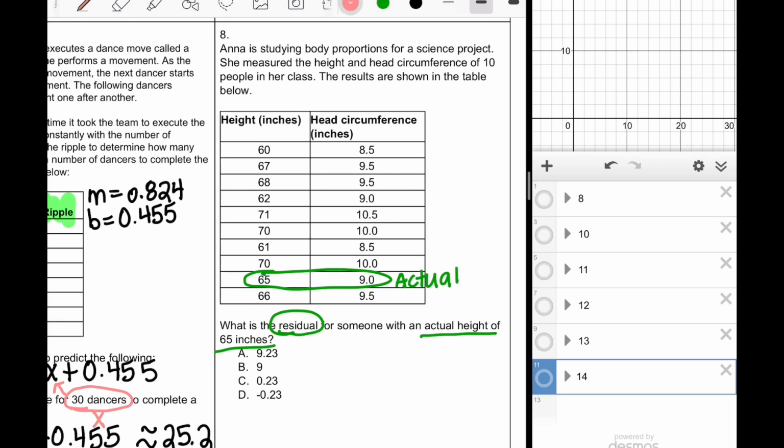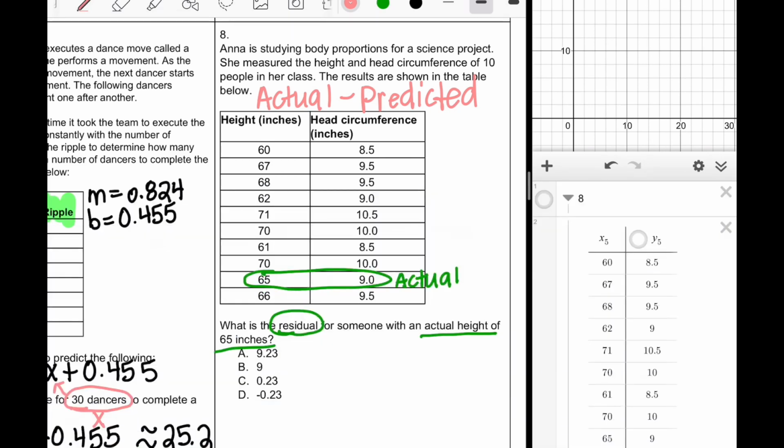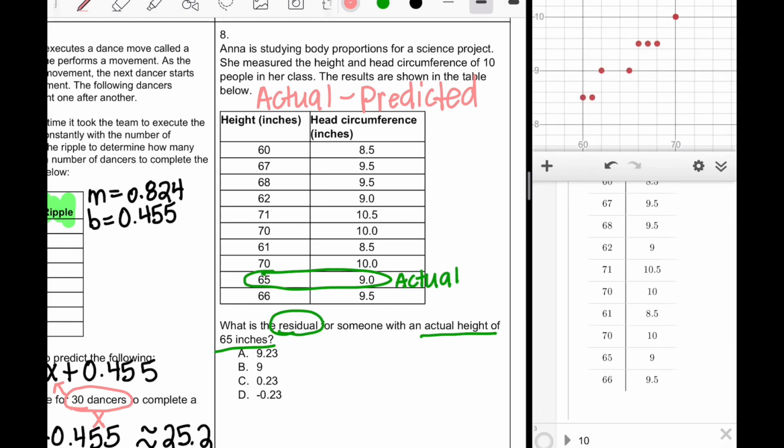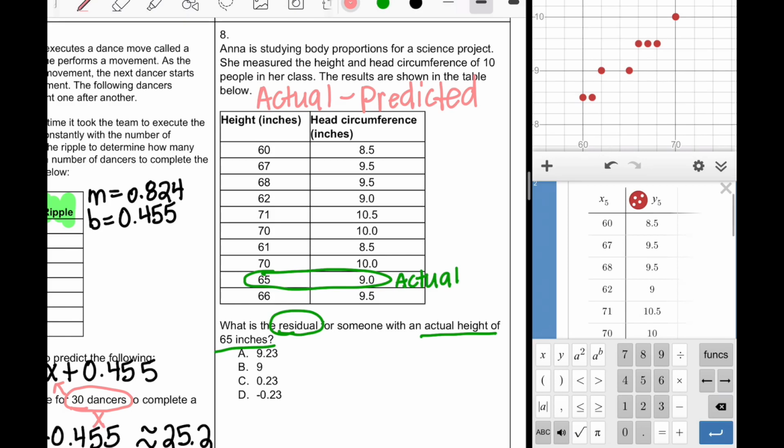So in order to do my residual, I need to do my actual minus my predicted. So how are we going to get a predicted value? Well, in order to do a predicted value, you've got to have a best fit model. So for number 8, that's exactly what we're going to do. We're going to take our table of values and find the best fit equation. So again, I have x5 and y5 for this table.